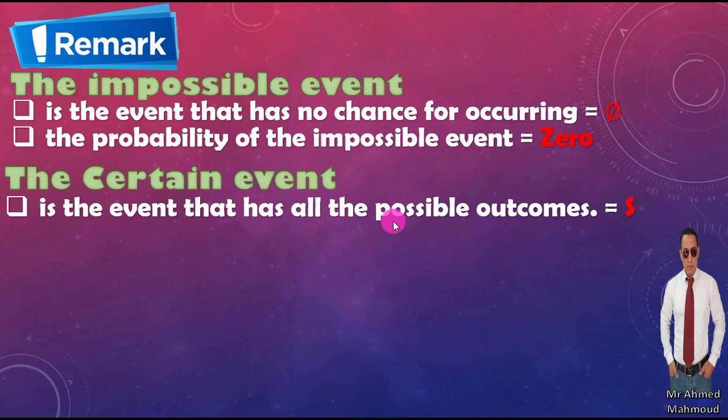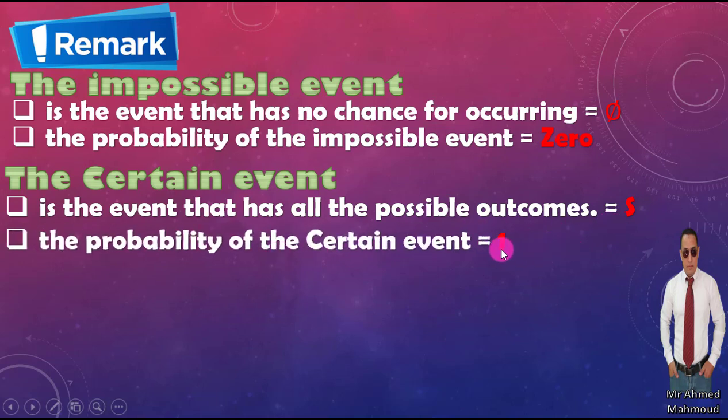This event included all outcomes, so it is equal to S, and the probability of the certain event equals 1 or 100%. You have to keep this one in mind. It's very important, but you don't need to study the definition.